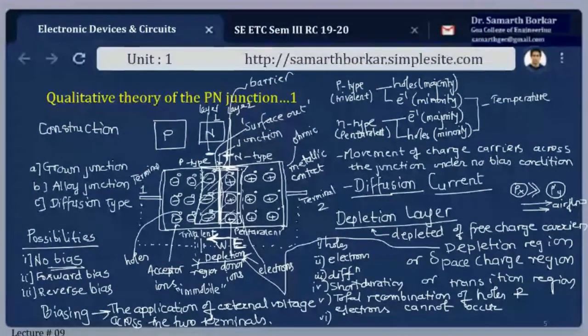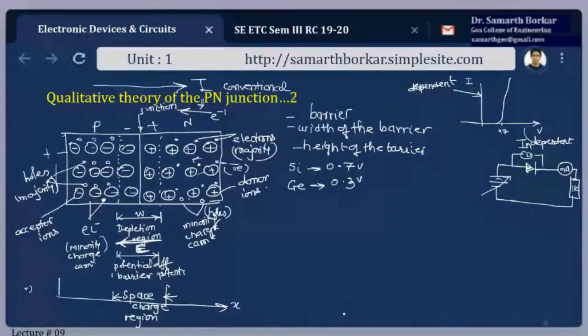We'll maintain that chronology. So the region containing the uncompensated acceptor and donor ions is referred to as the depletion region. Here, this is the depletion region. Okay. So they are depleted of mobile charge carriers, that is holes and electrons.